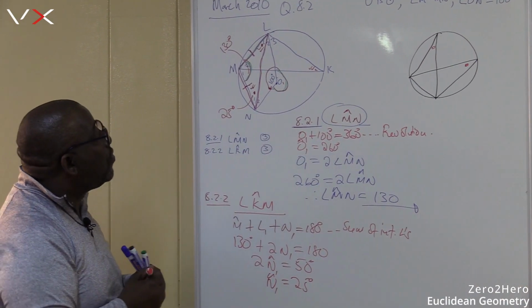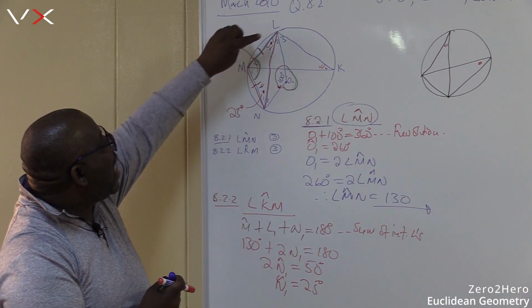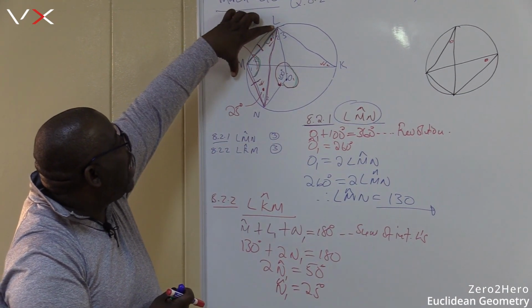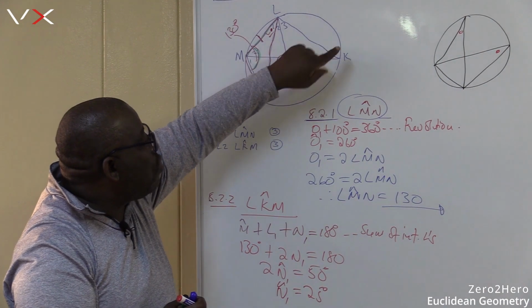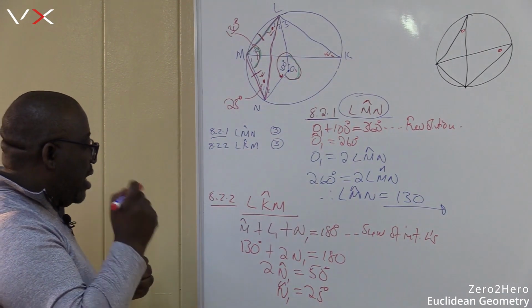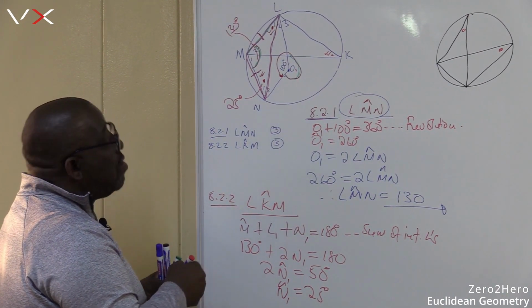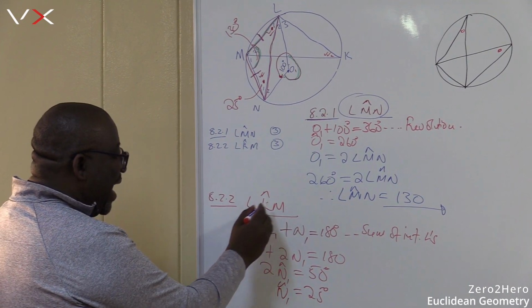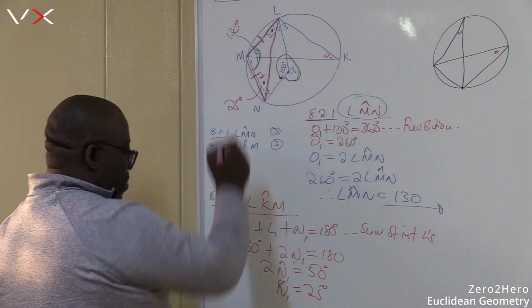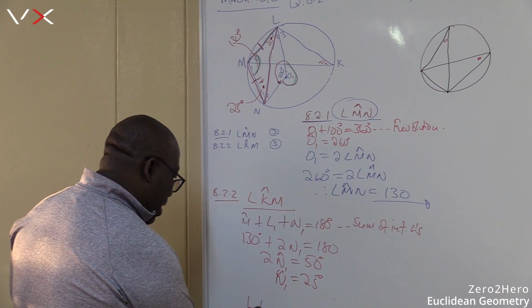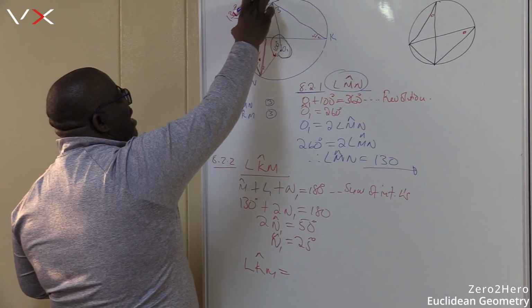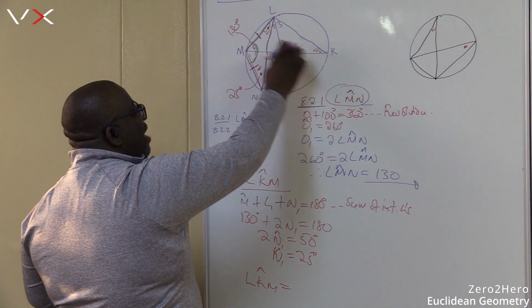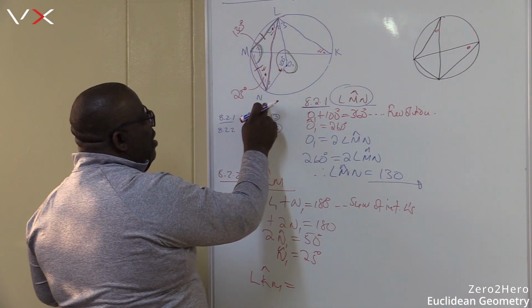Now watch here. If you take this arc LM or chord LM, this angle is the same as that angle that we're looking for. We're looking for LKM. LKM, this angle, is the same as N1.